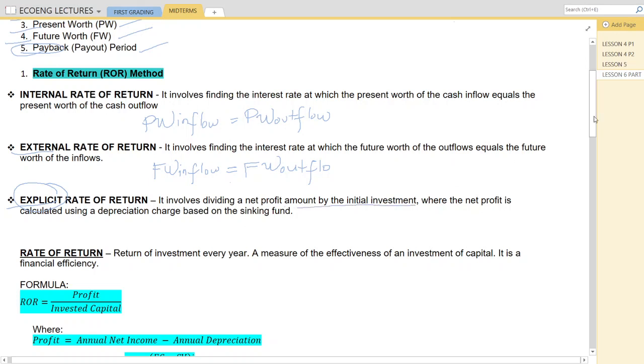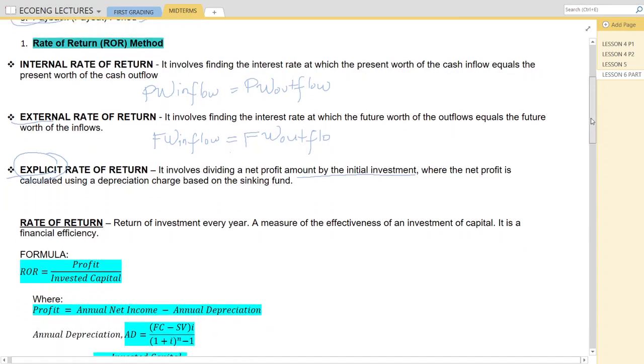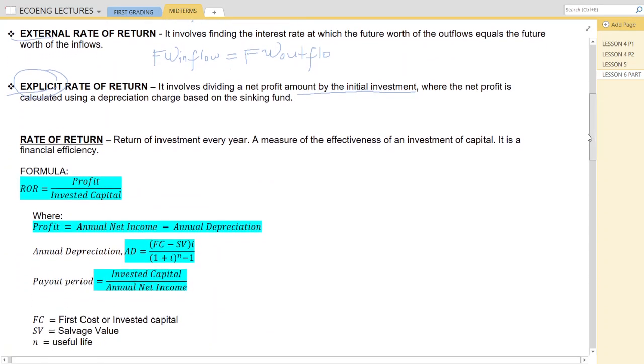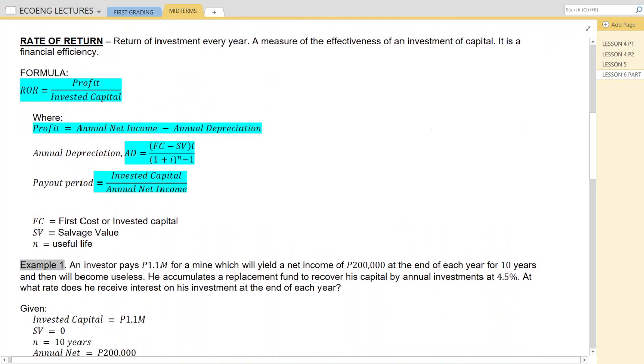So for the rate of return, we have already defined that as the return of investment every year. This is in terms of percentage, since that is the percentage increase or decrease of an investment over a set of periods. That is also the financial efficiency of the capital.